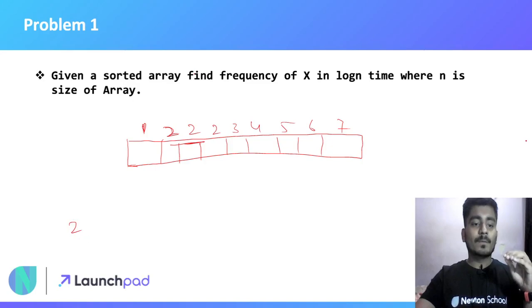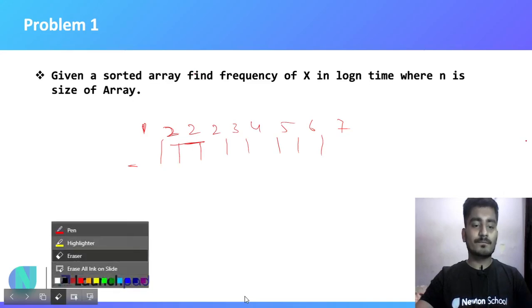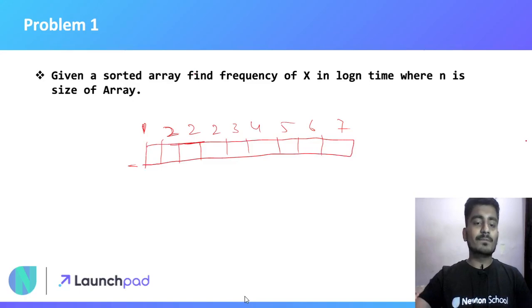Now I am telling you, suppose you have to find the first occurrence of your value 2. So what we simply do in binary search is take out mid and compare the element at position mid with our target element.